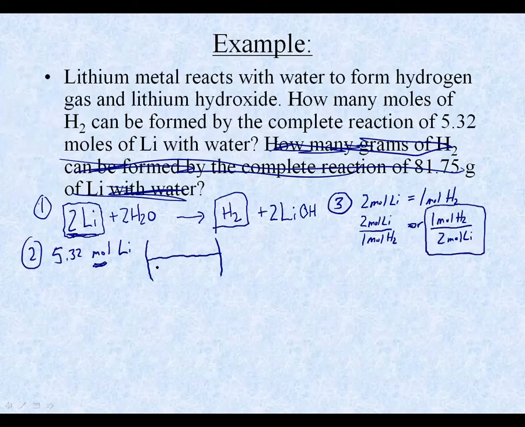We put 2 moles of lithium on the bottom and 1 mole of H2 on top. This is the big stoichiometry part. The moles of lithium cancel out, and we take 5.32 divided by 2, which gives us 2.66 moles of H2.